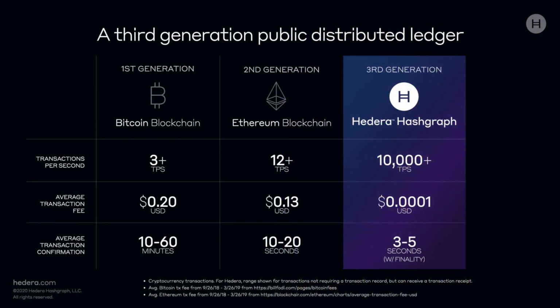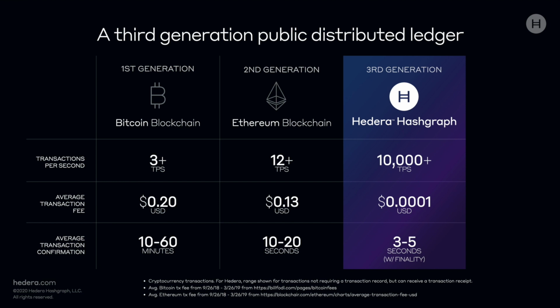So what is the lightweight and efficiency of Hashgraph? How does that translate into real world usage? And so what Hedera Hashgraph achieves today is around 10,000 transactions per second. That's all on a single shard and ledger.